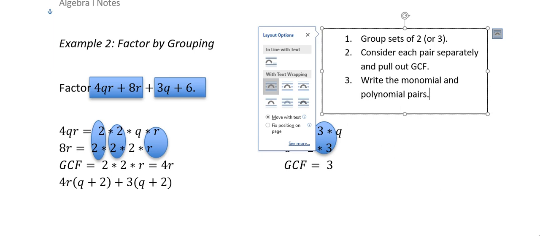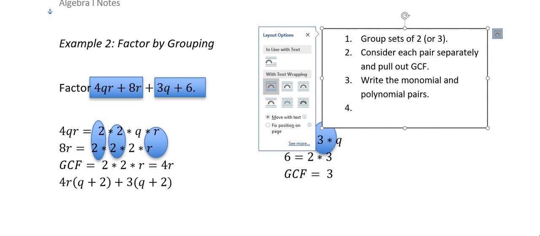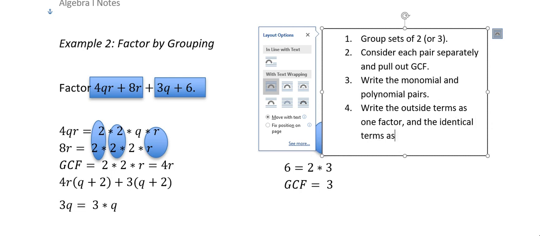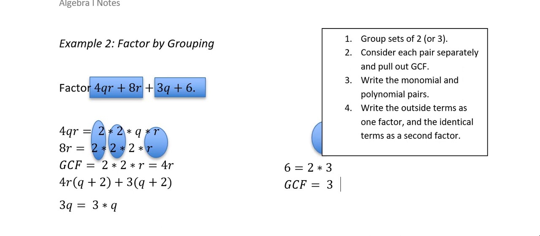We had the first 2 terms and the second pair of terms. And then we write the outside terms as one factor and the identical terms as a second factor. So let me explain what those are going to look like.